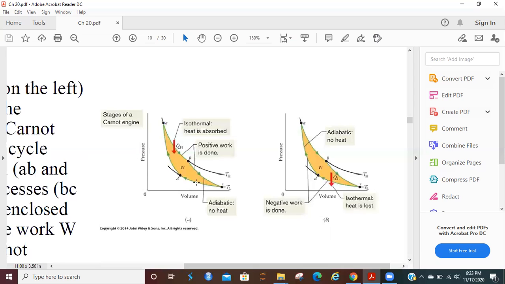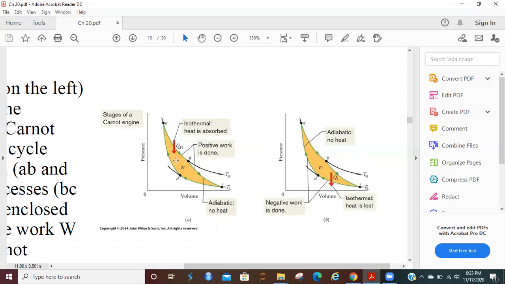So you've got here your isothermal processes and then your adiabatic processes. And then you can follow these processes as they go around. You can see in the isothermal process that heat is absorbed and then positive work is done. Adiabatic processes going from here to here have no heat added.